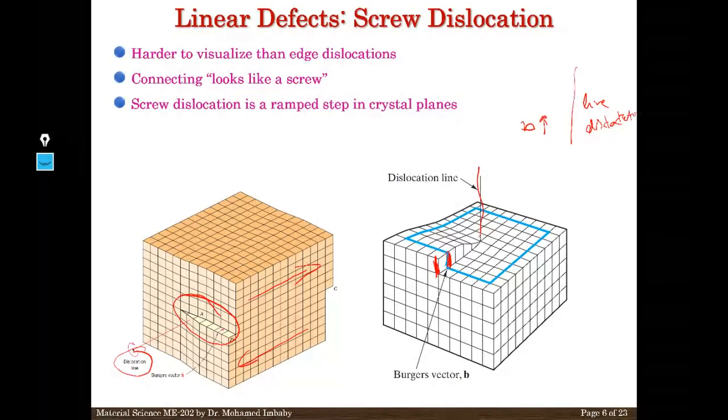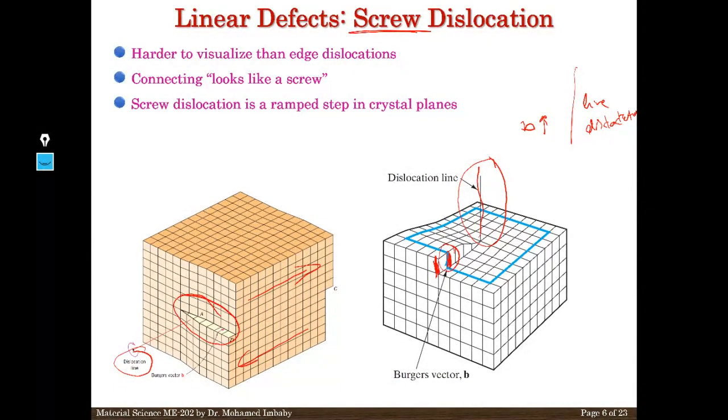I need an answer from any of the students. What's the relation between Burgers vector and line of dislocation? What do you see here in the screw dislocation? No, that is the definition of the Burgers vector. Now what I'm asking you is the relation between the line of dislocation, this line, and the Burgers vector itself.